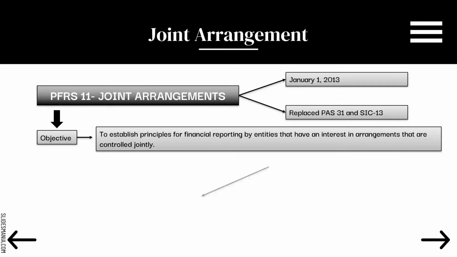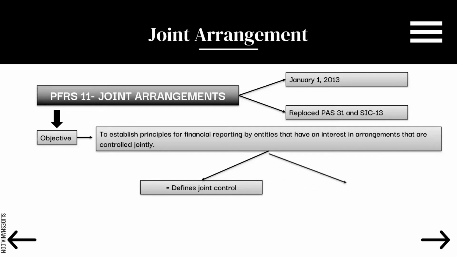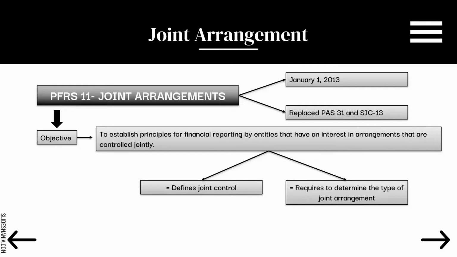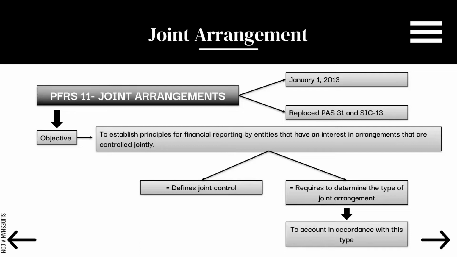So in order to meet this objective, PFRS 11 defines joint control and then requires an entity that is a party to the joint arrangement to determine the type of joint arrangement in which it is involved, because as I have said earlier, meron siyang two types, and based on the type, PFRS 11 prescribes the accounting method for the entity's interest in the joint arrangement.